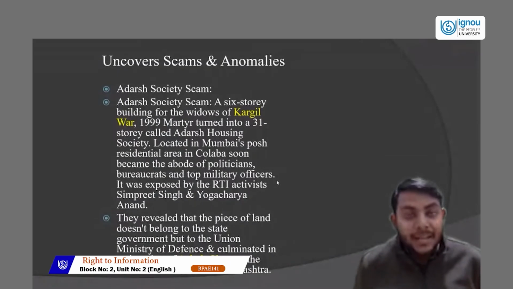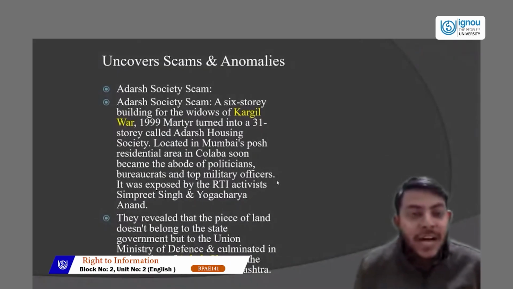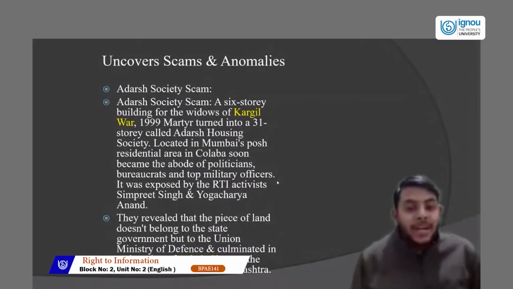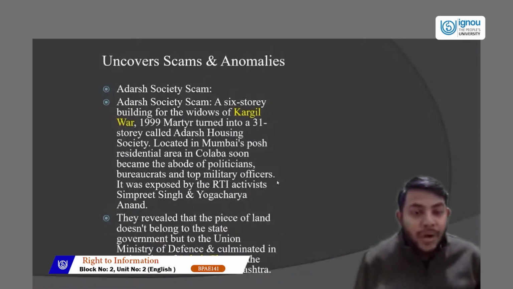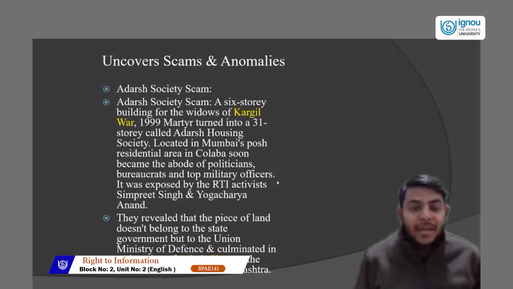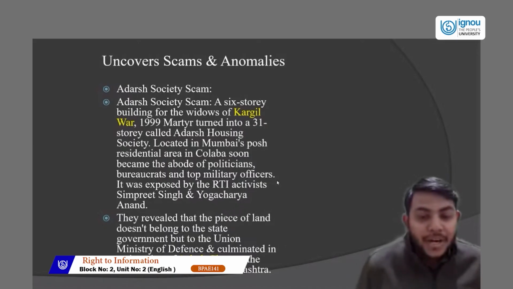A 6-story building which was built for the widows of the martyrs of the Kargil War of 1999 was turned into a 31-story building called the Adarsh Housing Society, which was located in Mumbai's posh residential area of Colaba, and it soon became the abode of politicians, bureaucrats, as well as top military officers.